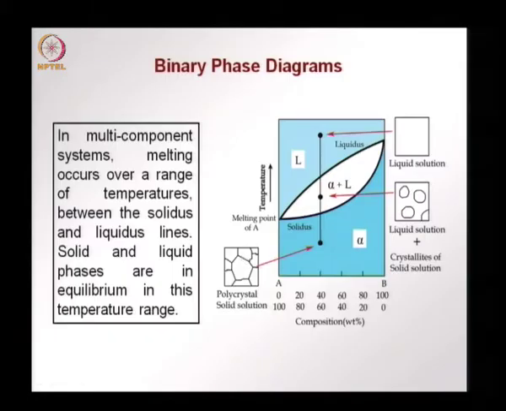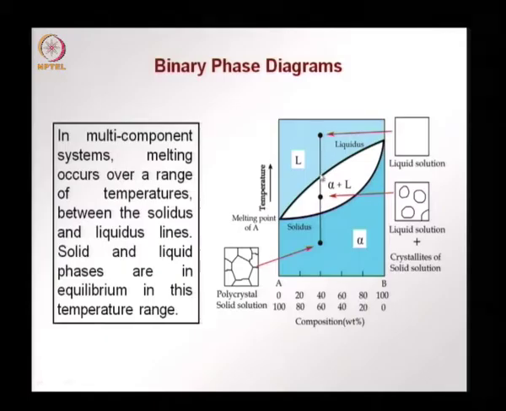So, we have 2 things that we have to remember in binary phase diagrams. First is that there is a tie line for each temperature which defines what would be the composition of the solid phase and what would be the composition of the liquid phase.